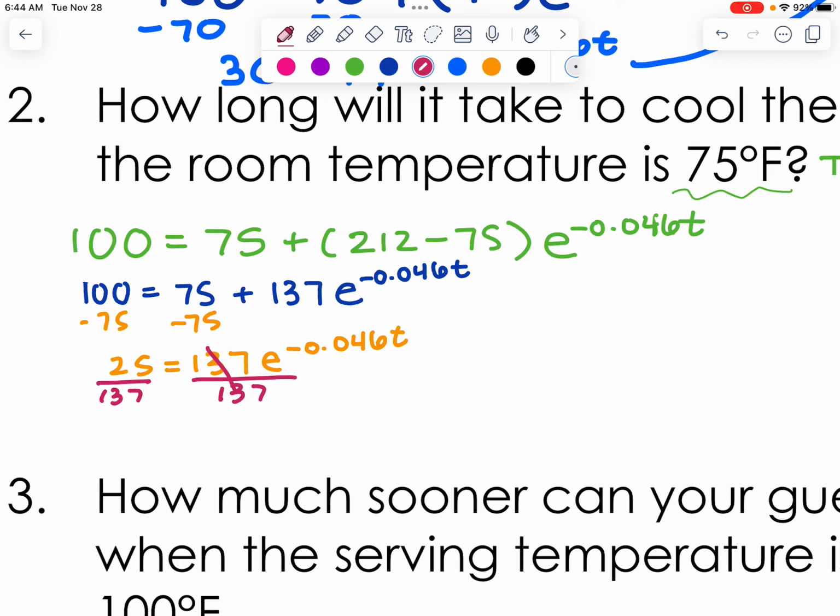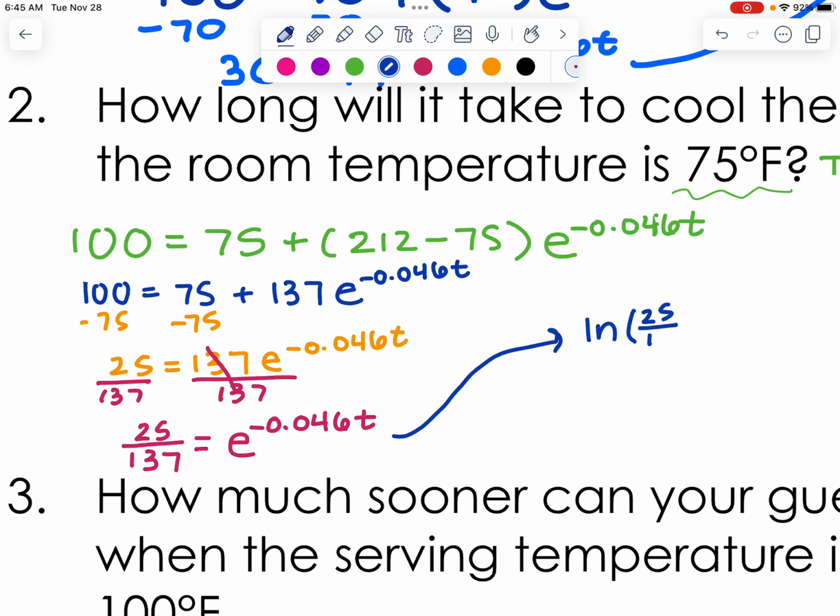25 divided by 137, I think is not very pretty. It stays as just 25 over 137. That fraction will not reduce. Equals e to the negative 0.046t. And now we've got t stuck in the exponent, so we need to switch to logarithmic form. So that's going to be log base e, which is ln, of 25 over 137 equals negative 0.046t.